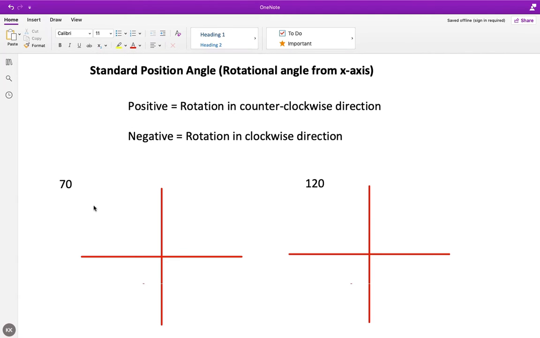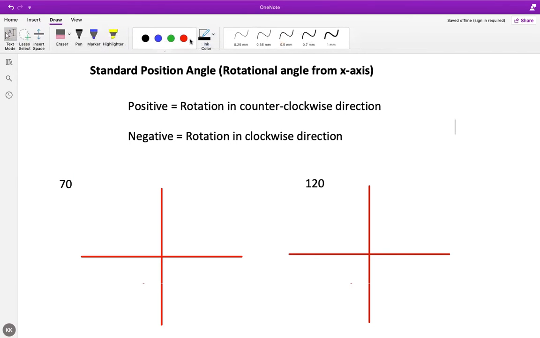The first thing we're going to draw is a positive 70 degree standard position angle. How could we do that? We always start the rotation from the positive x-axis, which is this line, and we rotate 70 degrees.